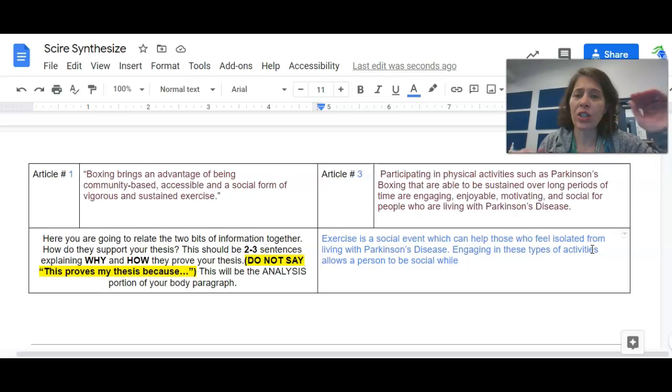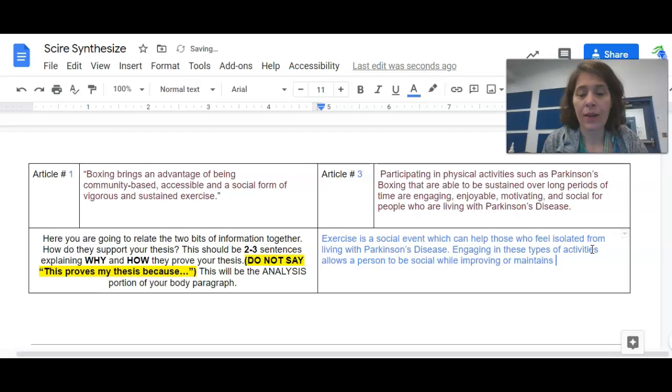So exercise is a social event which can help those who feel isolated from living with Parkinson's disease. Engaging in these types of activities allows a person to be social while improving or maintaining their mobility and balance.